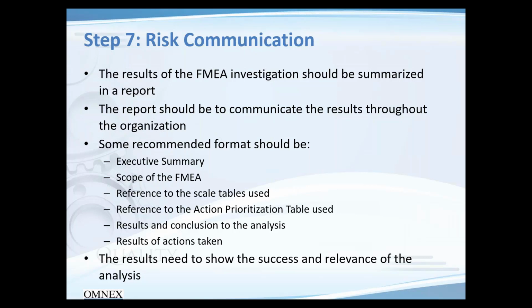It'd be referenced to the scale tables being used. It would reference the action prioritization table and show why they were taking action, and was it a high, medium, or low. There are any results and conclusions, and what action was taken. And the push is, again, to try and make the FMEA process a living document.